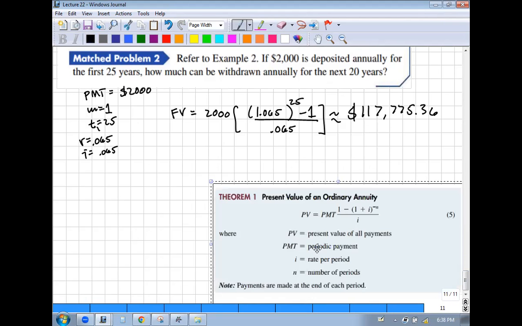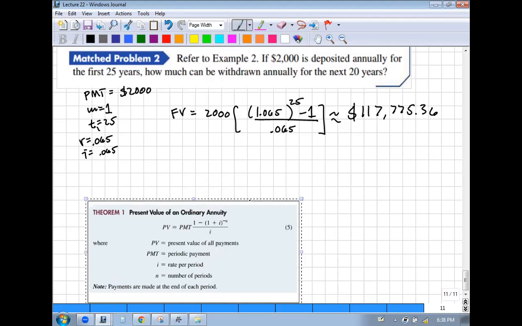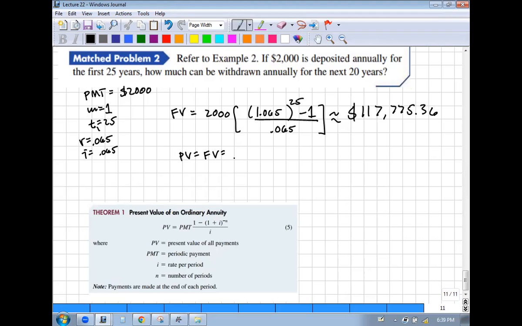I'll never remember here. All right, we need to use this formula, replacing present, this future value is that present value, all right? So present value is our old future value. How much can be withdrawn annually? We're solving for PMT here, okay?